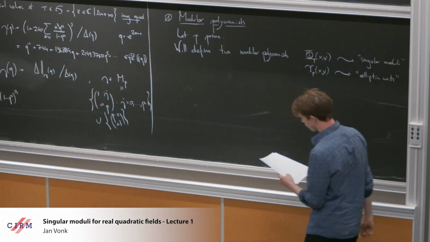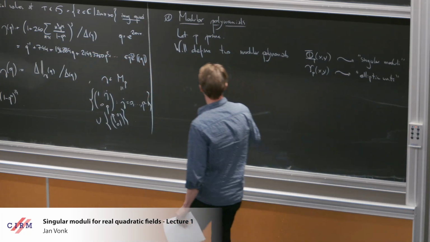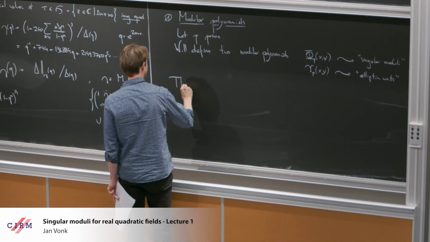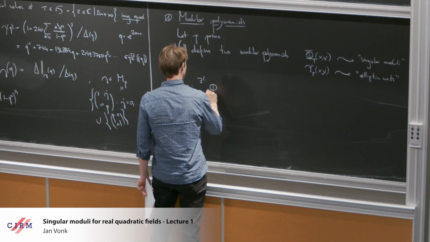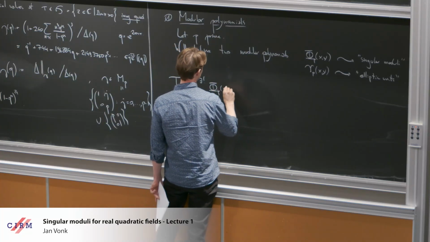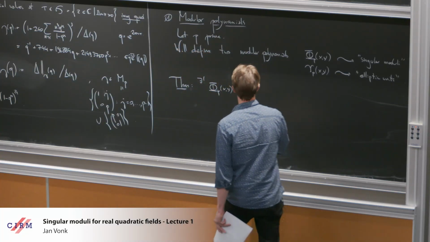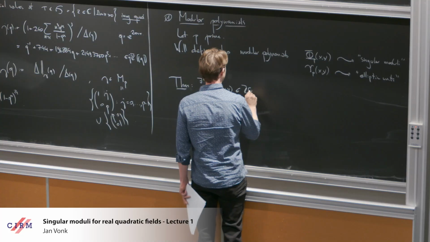Okay? All right. So first, very classical result. There's a unique polynomial, Phi_p(x,y), so it's in two variables, and it has integer coefficients.